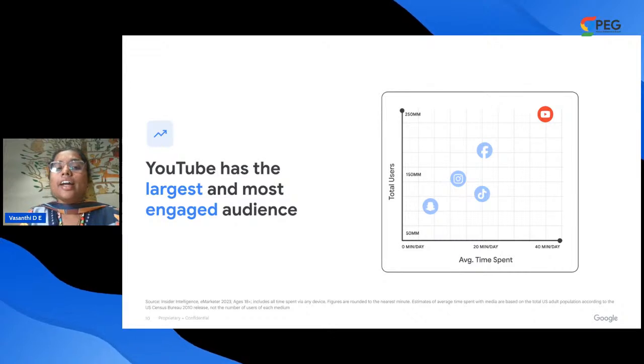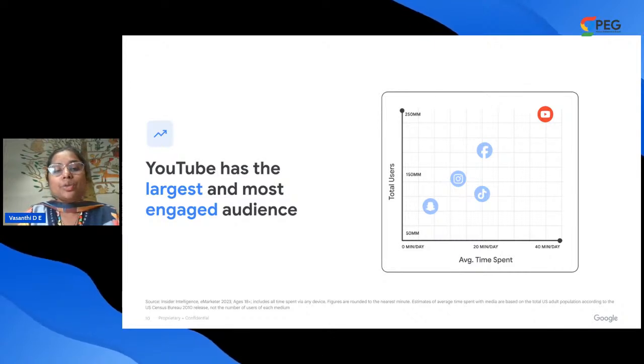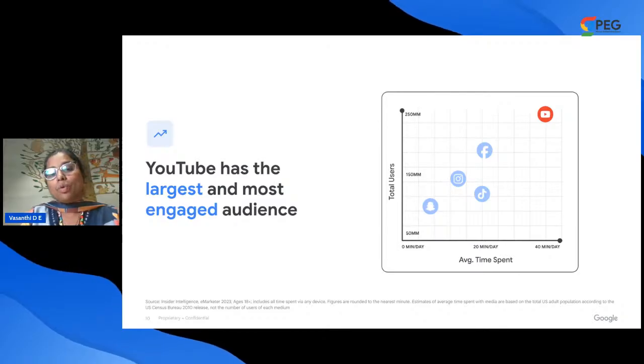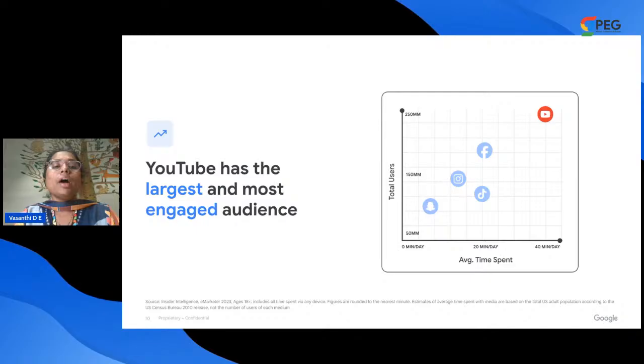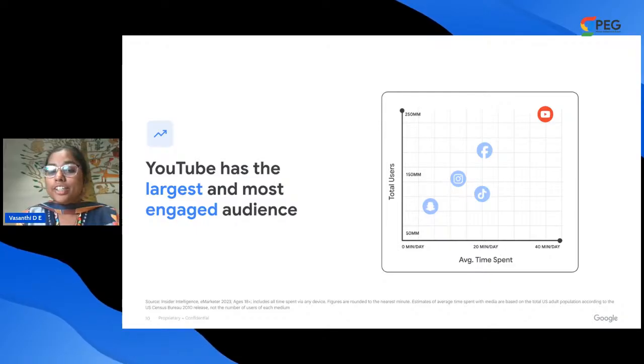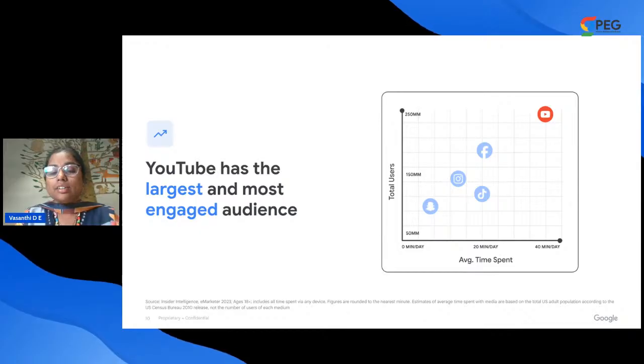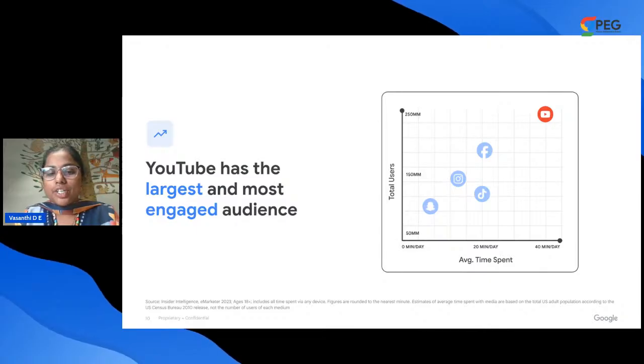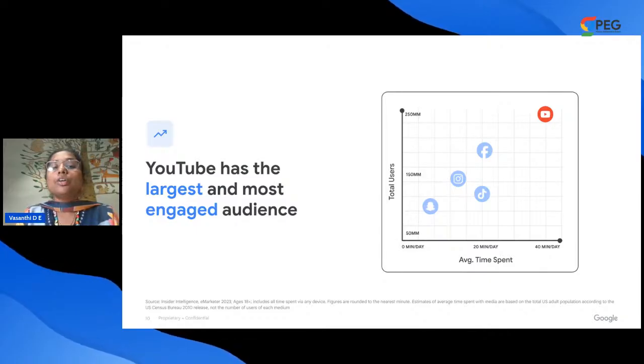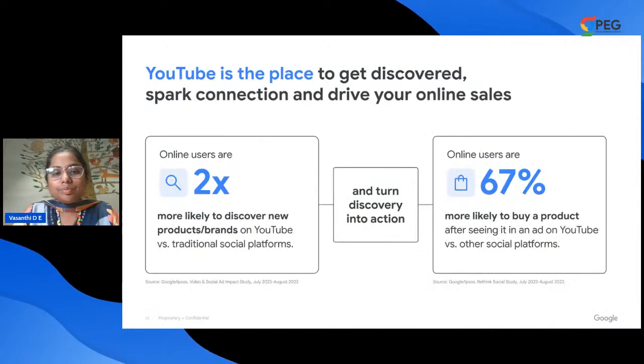This makes it an ideal platform for demand gen campaigns, which allow you to reach consumers when they are most receptive to new ideas. By leveraging YouTube and YouTube Shorts within your demand gen campaign, you can effectively reach a massive and engaged audience, driving awareness and consideration and ultimately conversions. This makes YouTube a crucial component of any successful demand gen strategy.